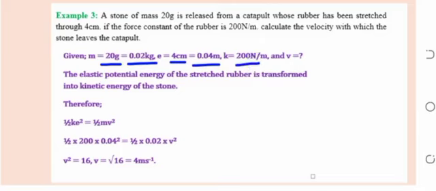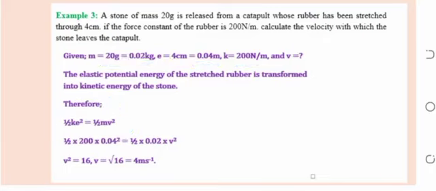Now note, in this question, the elastic potential energy in the rubber that you stretched is transformed into kinetic energy of the stone, because once you release the rubber, the stone will just speed off from the rubber, and that is why we equated half Ke squared to half mv squared here. Half mv squared is the kinetic energy of the stone, while half Ke squared is the elastic potential energy of the rubber of the catapult.